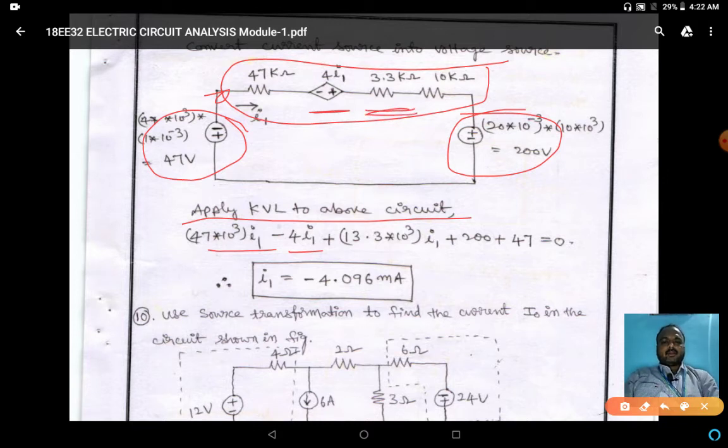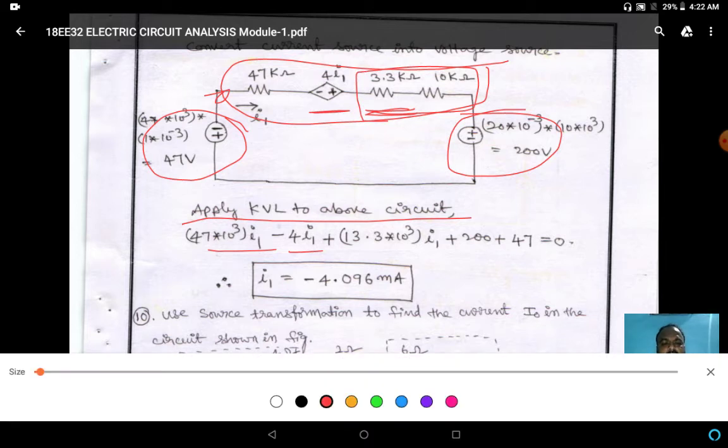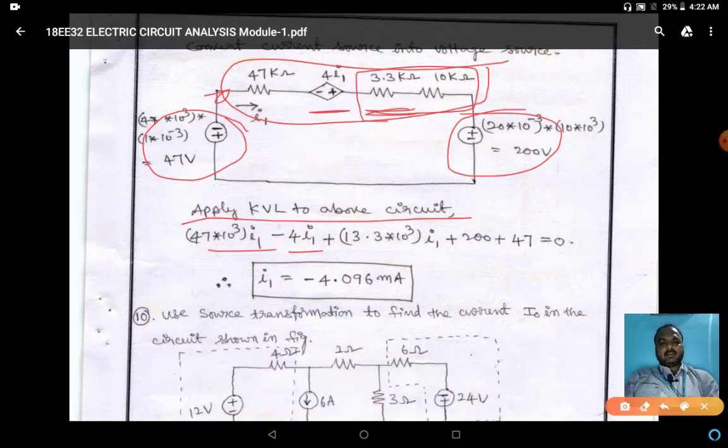So 3.3 plus 10 becomes one single resistor, 13.3 kilo ohm into I1. Next plus 200 plus 47 equal to 0. Simplifying this, I1 is minus 4.096 milliamperes. So this is the answer for the question.